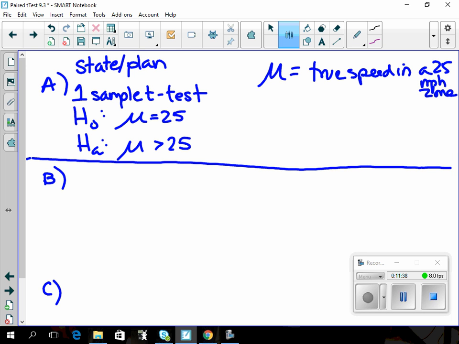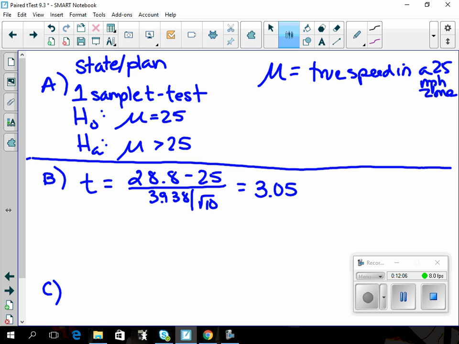For part B, it's going to be your do, which I'm looking for your test statistic and your p-value. But look what I'm going to ask that you include. So you must show the work using the formula to find your test statistic. Okay?